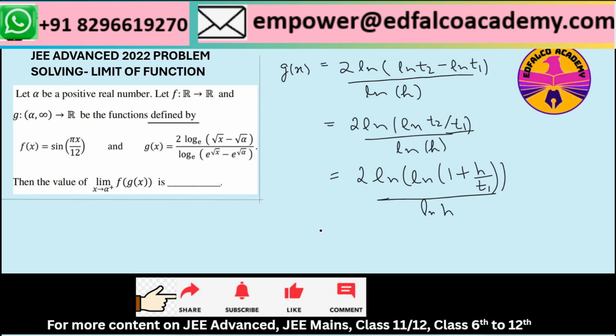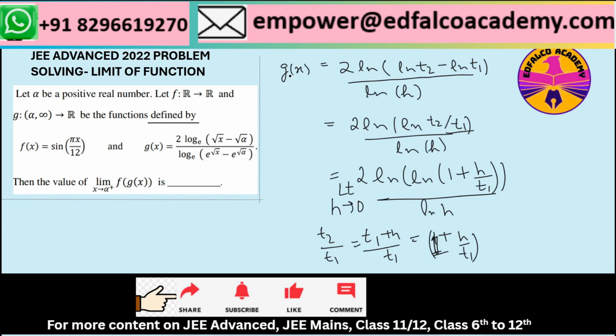So what I have done basically is I have taken this t2 by t1 that was over here and made it equal to t1 plus h by t1, which gave me 1 plus h by t1, and that's what I have replaced over here. Now an important thing to understand is that we can do simplification of this, because for both ln(1 plus h by t1) and ln h, the limit is h tending towards 0.